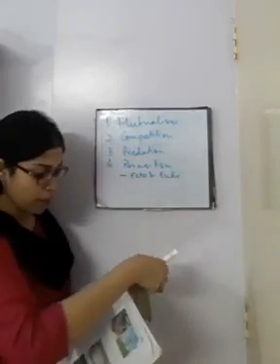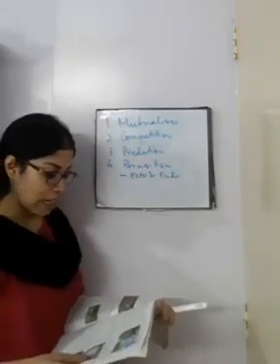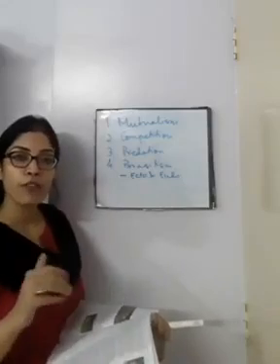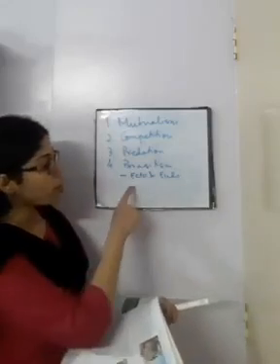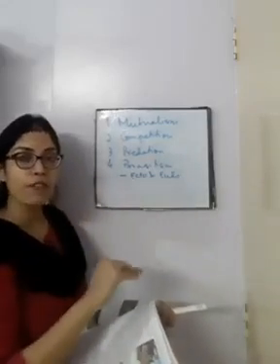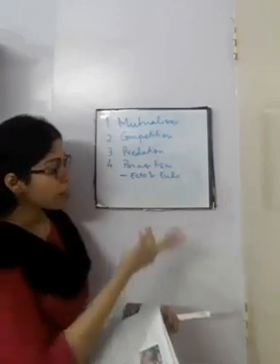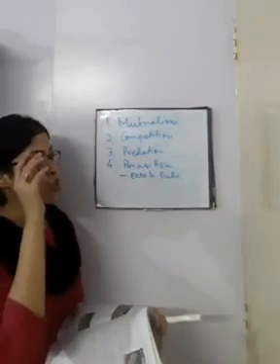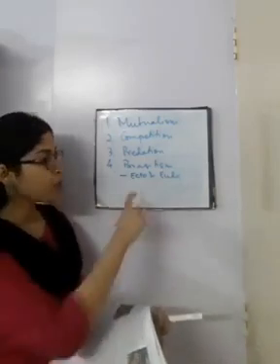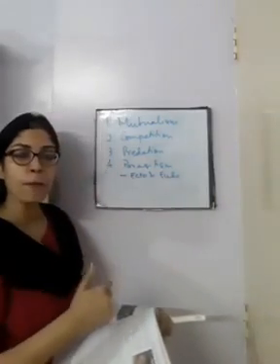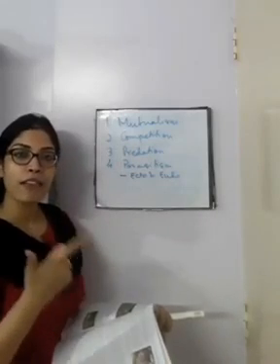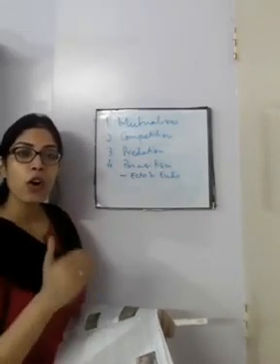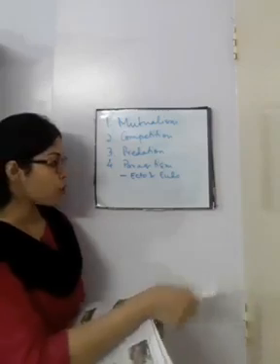Means if the parasite is living on the surface of the body of the host, those parasites are known as ectoparasite, means on the surface of the host's body. But if the parasites are living inside the host's body, those are known as endoparasites. Okay, so this categorization is based on where the parasite is living, in or on the surface of the host's body.